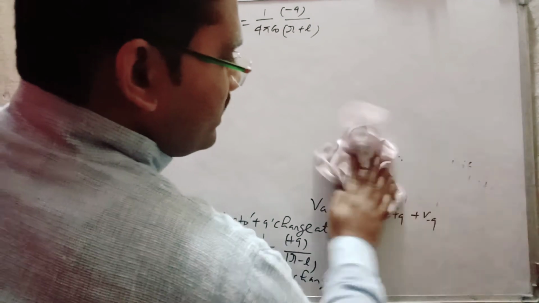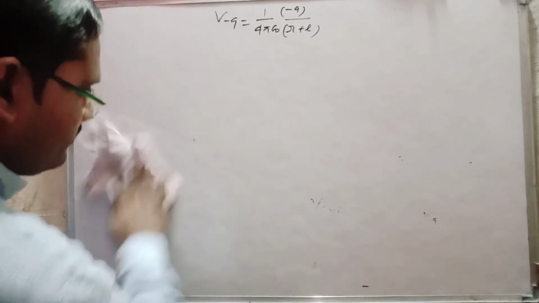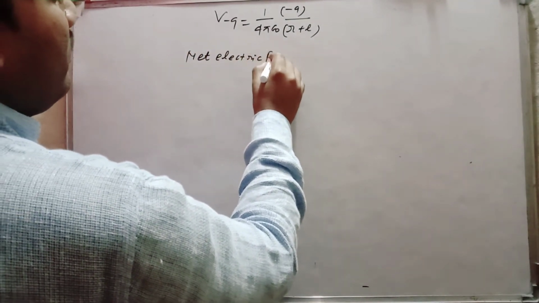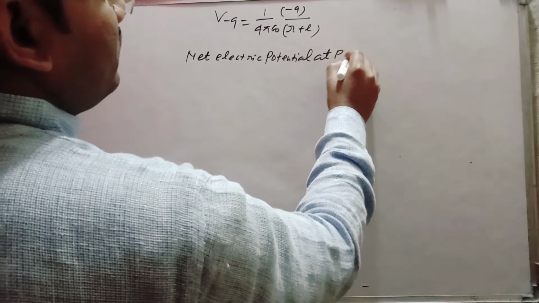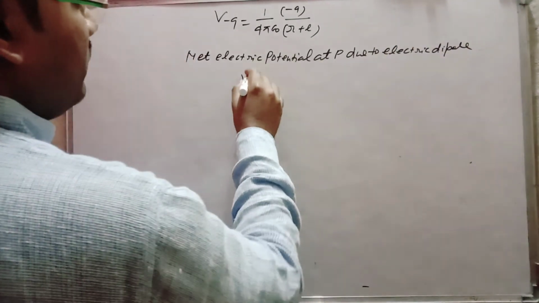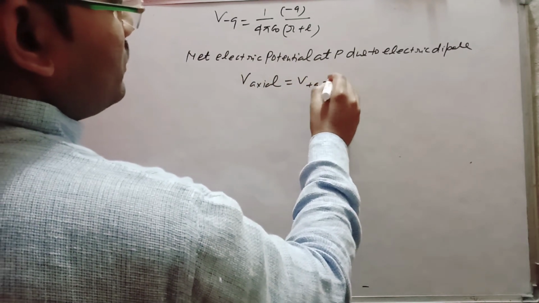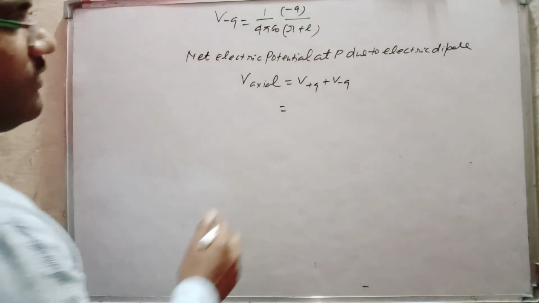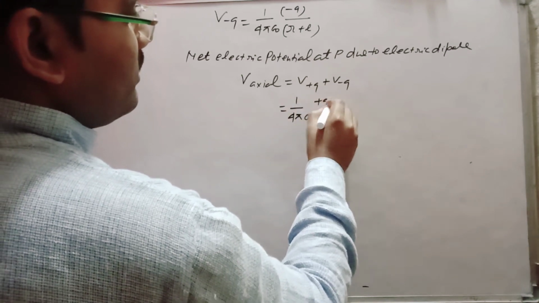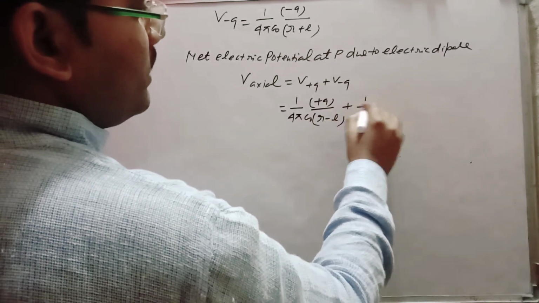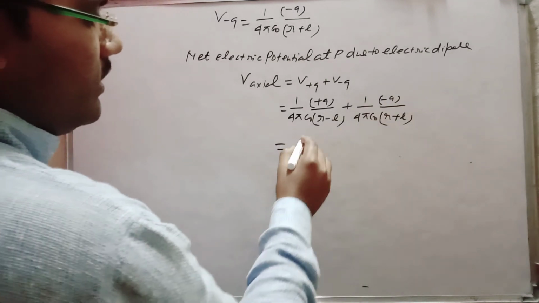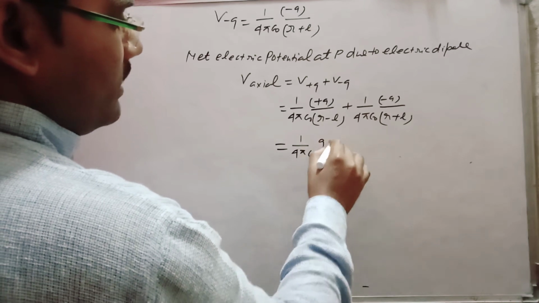Hence, the net electric potential at P due to the electric dipole, that means V axial, is equal to V plus Q plus V minus Q. Now substituting the values of V plus Q and V minus Q, that means 1 divided by 4 pi epsilon naught, plus Q over R minus L, plus 1 divided by 4 pi epsilon naught, minus Q over R plus L. Here 1 divided by 4 pi epsilon naught, Q is common.